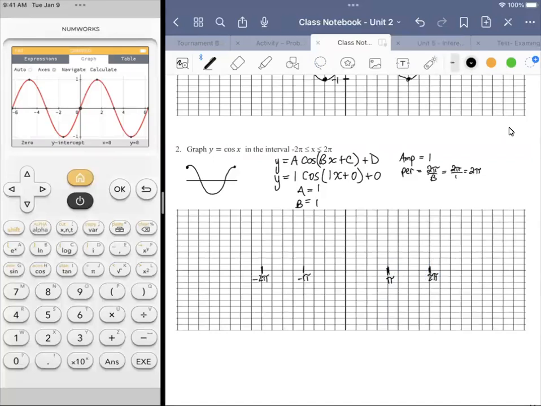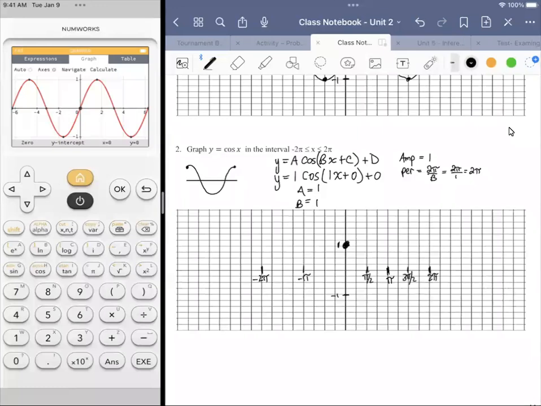All right. The cosine wave starts at the maximum. So here, it decreases to the midline at the quarter wave point. Quarter wave between 0 and 2 pi would be right here, pi over 2. Halfway would be pi. 3/4 would be 3 pi over 2.